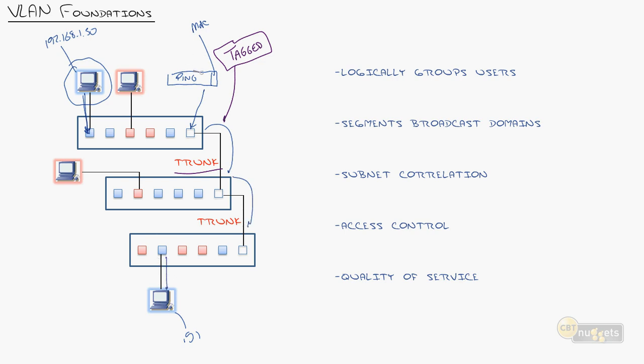Well, it needs to let the next switch know what VLAN it's on. So when the switch sends this frame out a tagged port, it puts a little tag in the header that says, this belongs to VLAN 10.